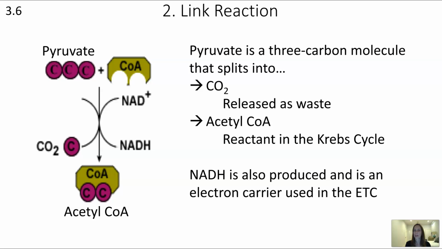So once again, we have a catabolic reaction where we're going from a larger molecule to smaller molecules. Carbon dioxide is simply released as a waste, whereas acetyl-CoA is going to be further broken down, so that becomes a reactant later on in cellular respiration. We should also note that NADH was produced here, and that's going to be useful in the ETC as a later step of cellular respiration.